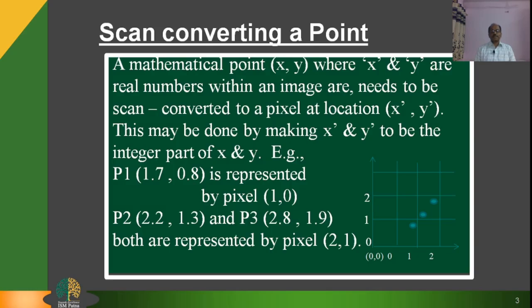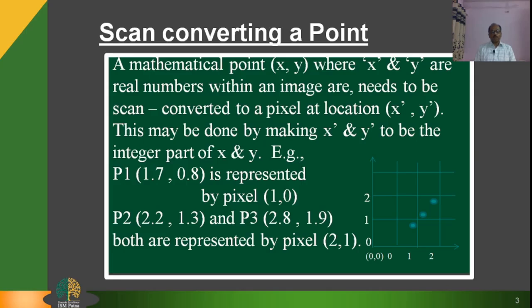All points which satisfy x dash less than or equal to x less than x dash plus 1, likewise y dash less than or equal to y less than y dash plus 1, are mapped to pixel (x, y).